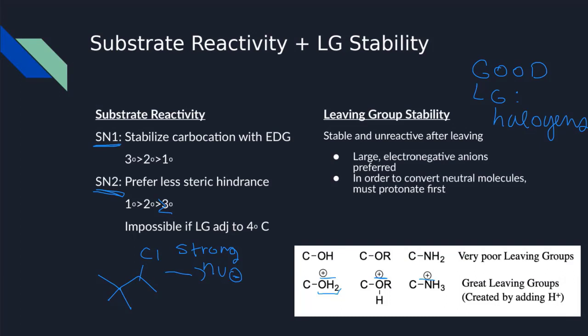So we want to have more crowding, a large number of groups coming around who can help keep that positive charge happy, more stable, right? So in general, we're going to prefer a leaving group on a tertiary carbon or a secondary carbon over a primary. And that's simply to stabilize that carbocation, right?